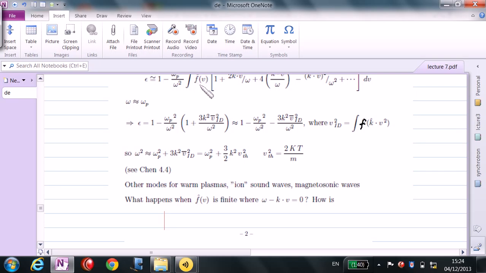This is basically just the average thermal velocity. So this is just a term proportional to thermal velocity squared, which is the sound velocity due to the electrons.